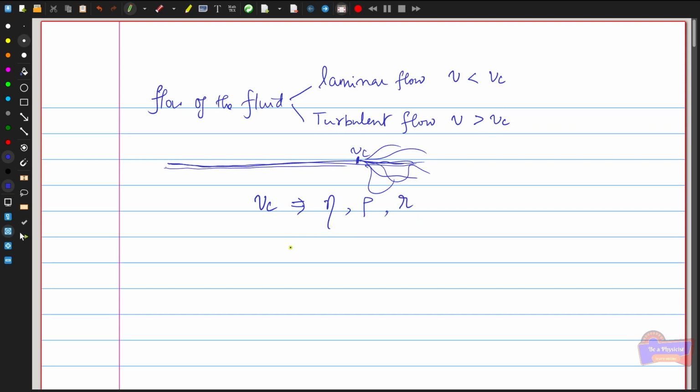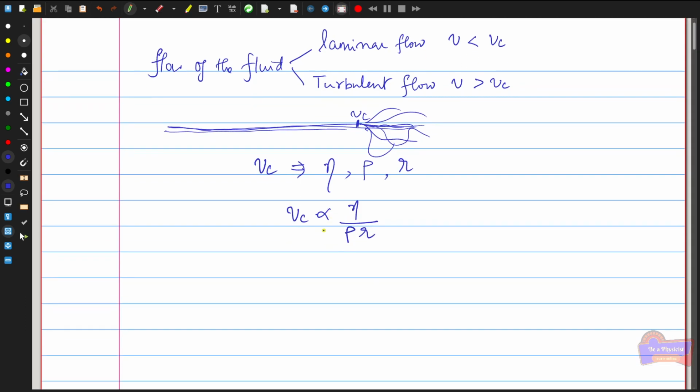The relation I can write is Vc proportional to eta divided by rho times R. So the velocity is directly proportional to the viscosity of the liquid and inversely proportional to the density as well as the radius.